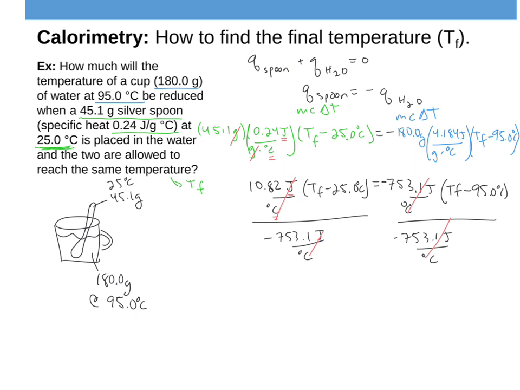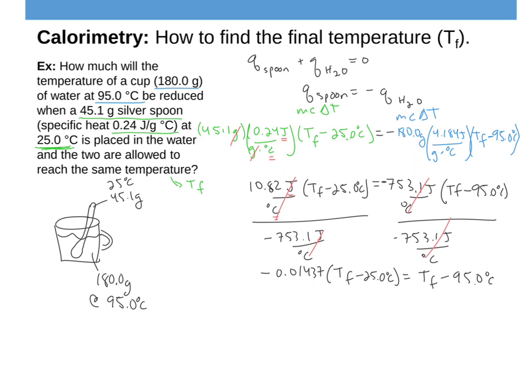That is going to give me negative 0.01437 times that TF minus 25, which is going to equal now my TF minus 95.0 degrees Celsius.